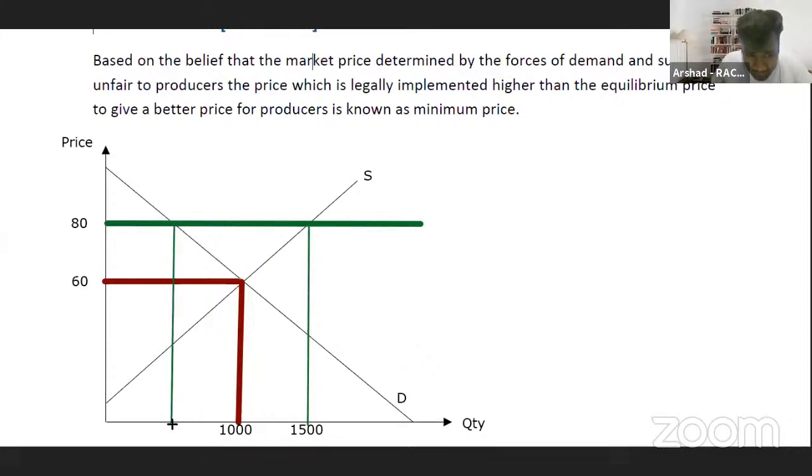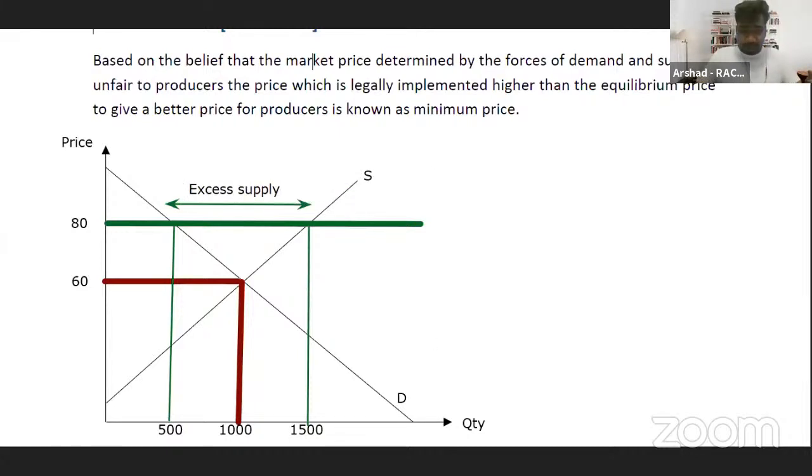The quantity demanded now at this price of 80 is only how much? Let's say it's 500 units. And what is the problem we have here? Excess demand or excess supply? You have a problem of excess supply.